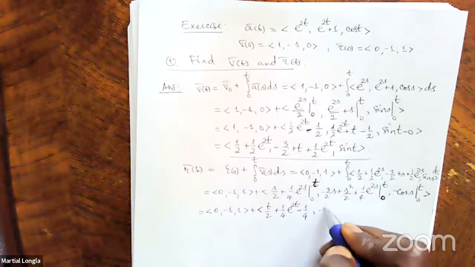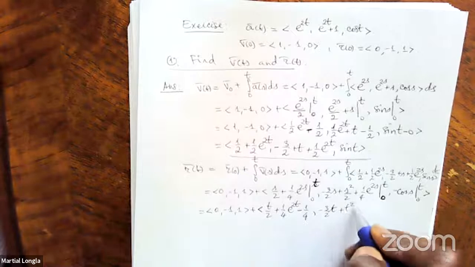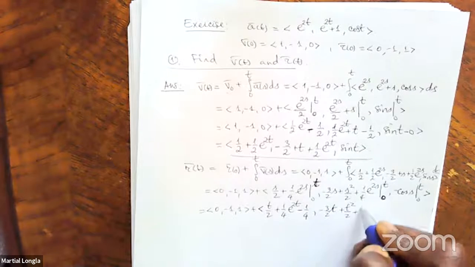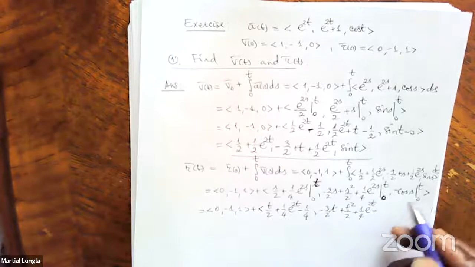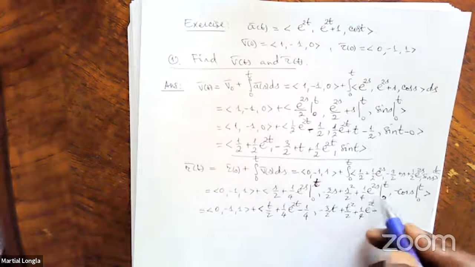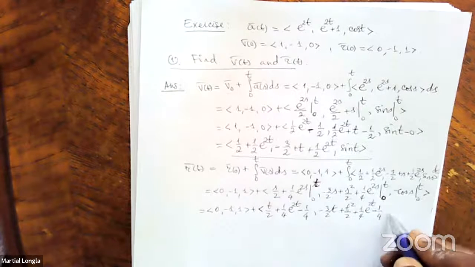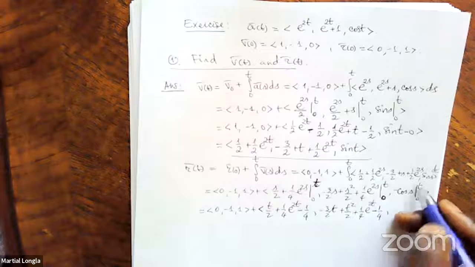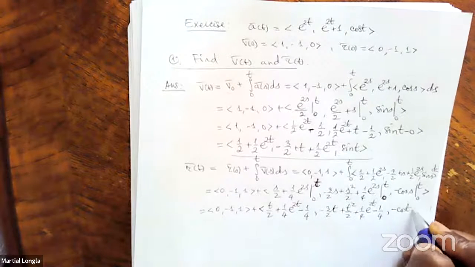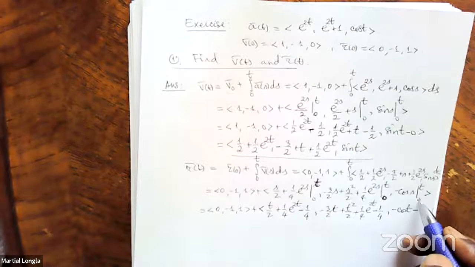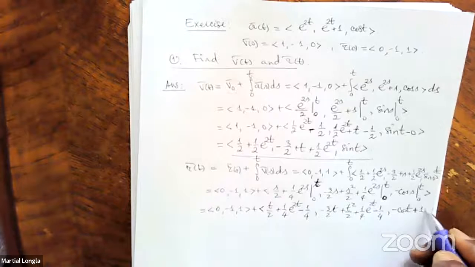Plug in T, you get negative 3/2 T, T squared over 2, 1/4 e to 2T, minus, then you plug in 0, that's 0, 0, 0, but here it's not 0, it's minus 1/4. Then you plug in T, negative cosine T, minus, then you plug in 0, you get 1, minus 1, that's plus 1, so it's not 0.